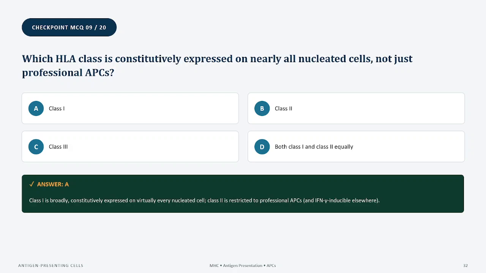So, class 1 is broadly constitutively expressed on every nucleated cell. Class 2 is restricted to professional APCs.